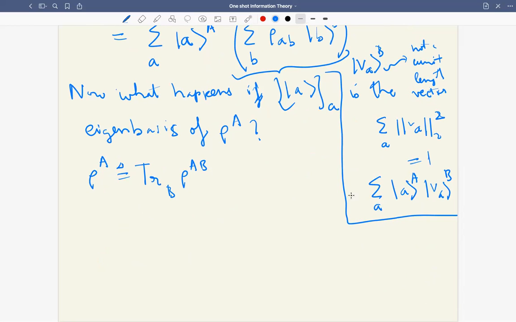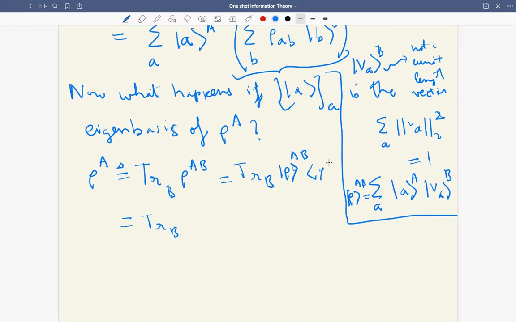So this one was ket rho. So rho A is the trace out of B of this. So let's write down. This is the trace out of B, and this is ket rho AB, pure state, right? So rank 1 density matrix, and bra rho AB.